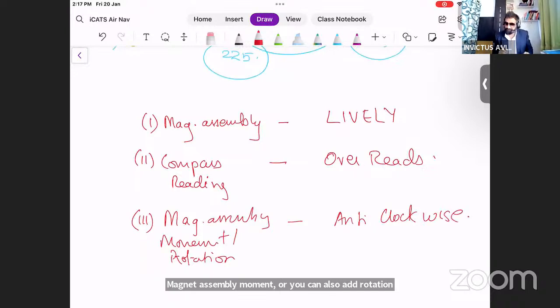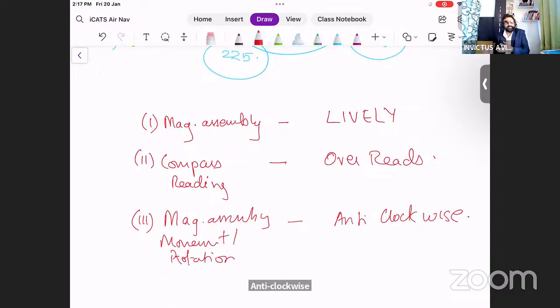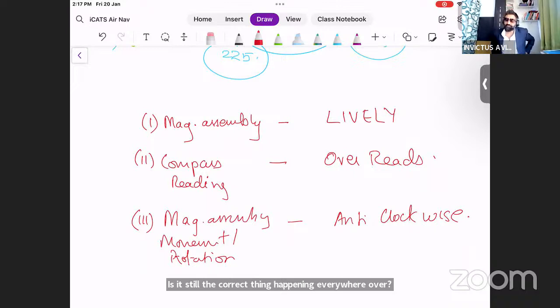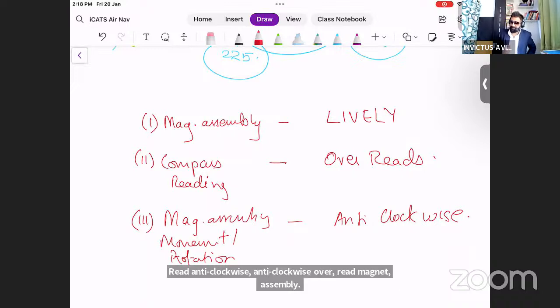Anti-clockwise. Is the relationship between anti-clockwise and overread also maintained here, students? Is it still the correct thing happening everywhere? Overread, anti-clockwise, overread, magnet assembly. Yes, sir. Very good.